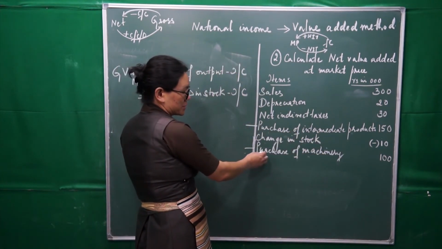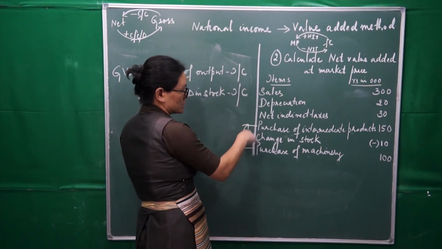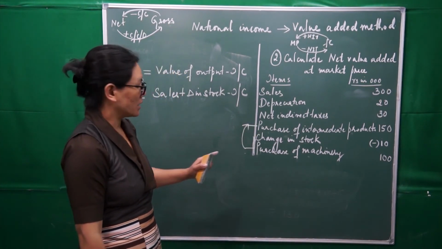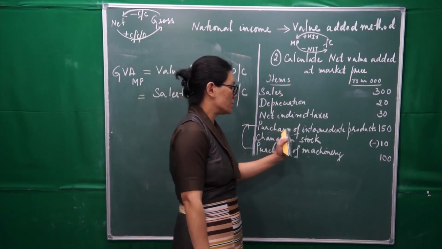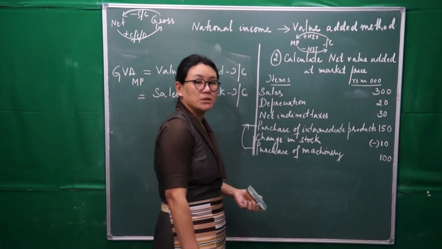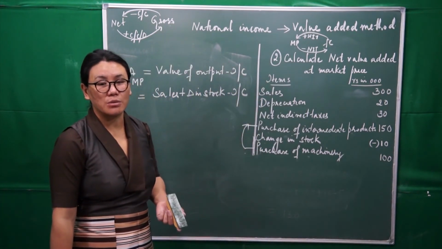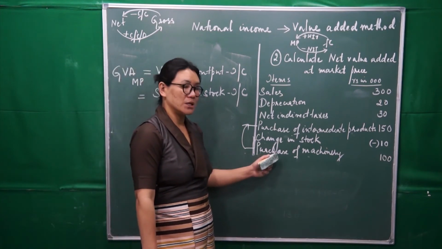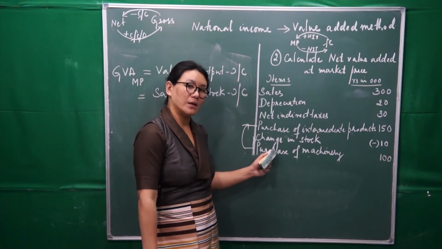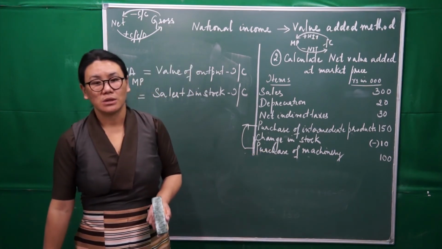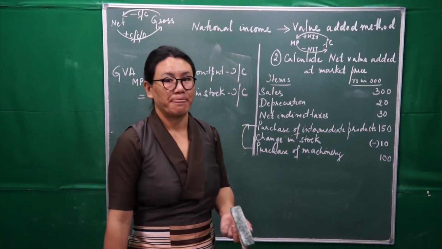Purchase of machinery will be included in purchase of intermediate goods, since it is used in the process of production. So we don't need to take up this one. If we add it, it will lead to double counting.